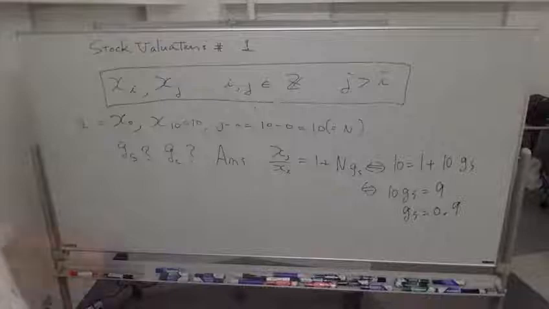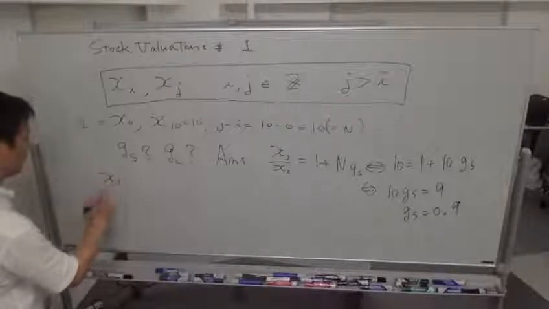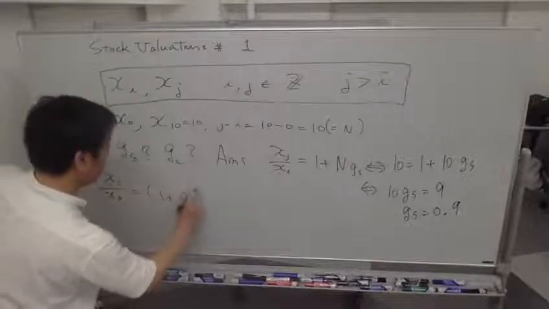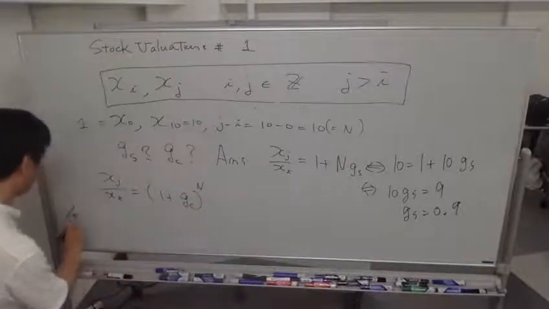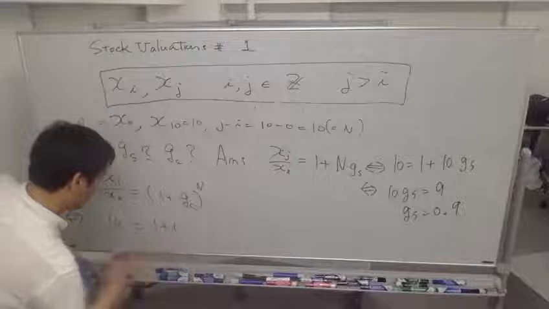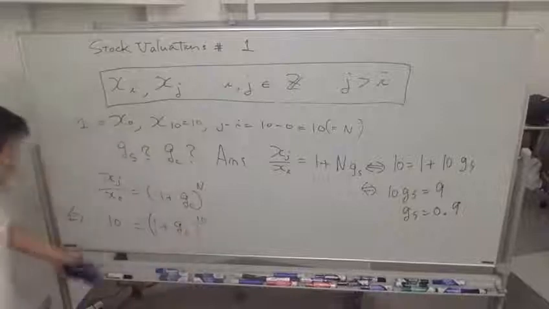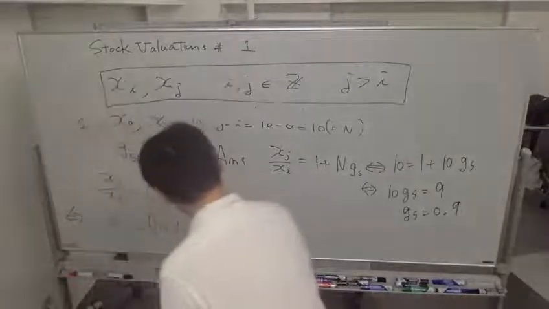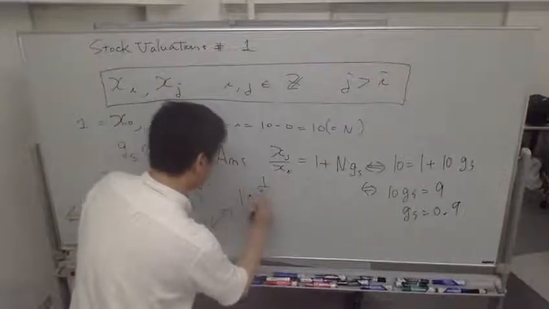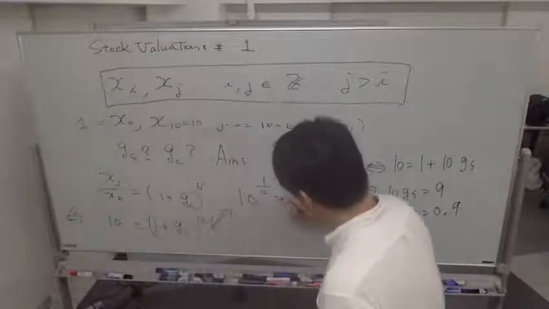So what's this compound next? G compound. 10 equals 1 plus G compound, to the 10th power. So the 10th root of 10 equals 1 plus GC.